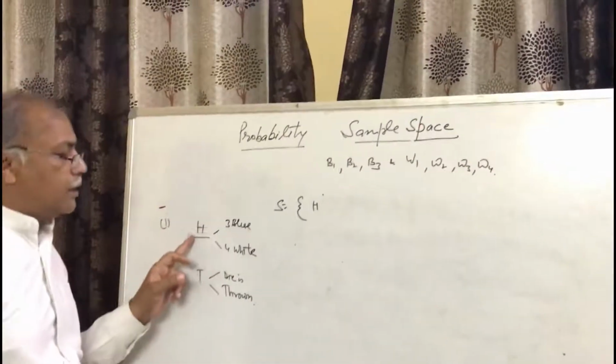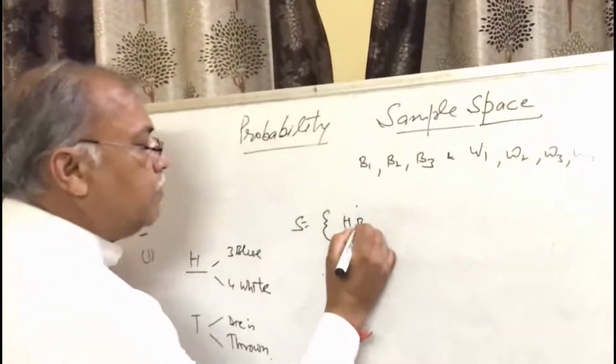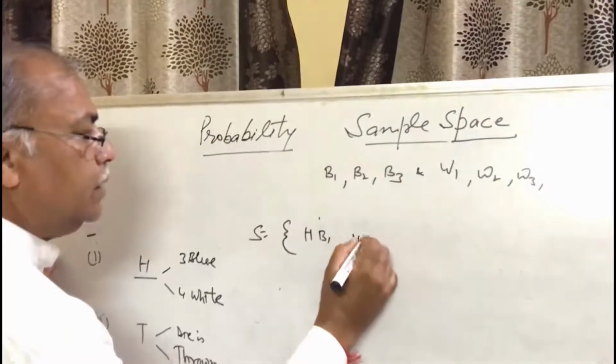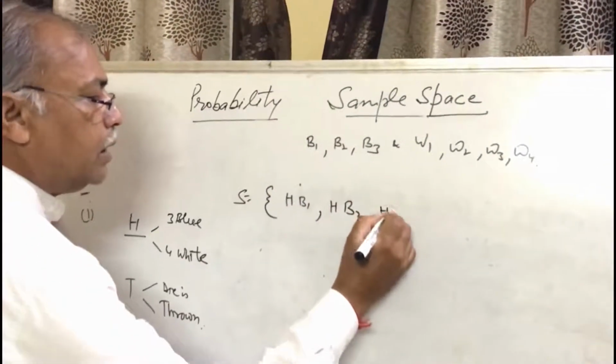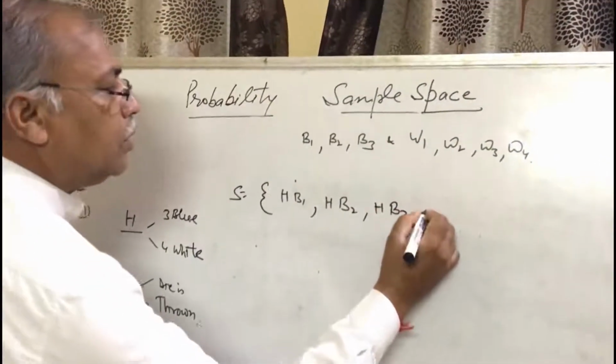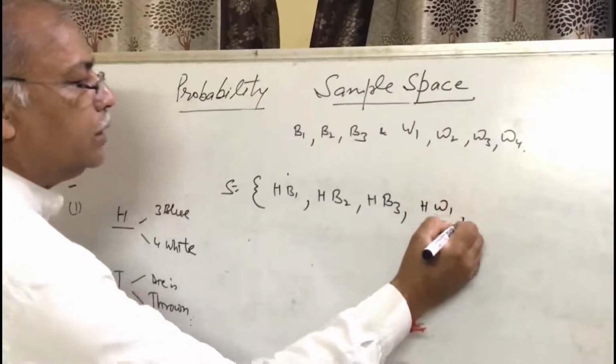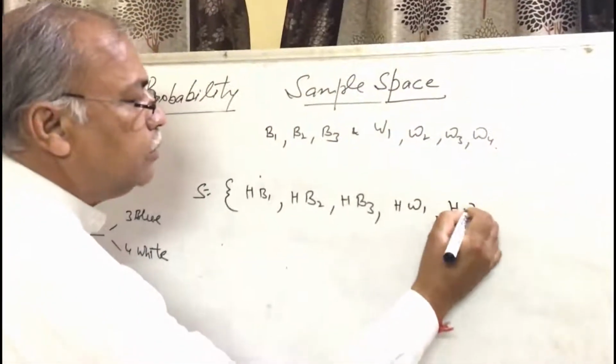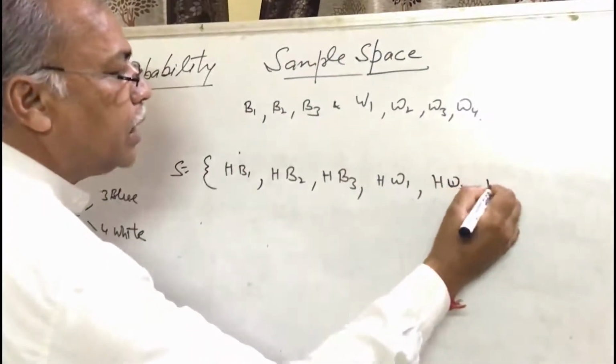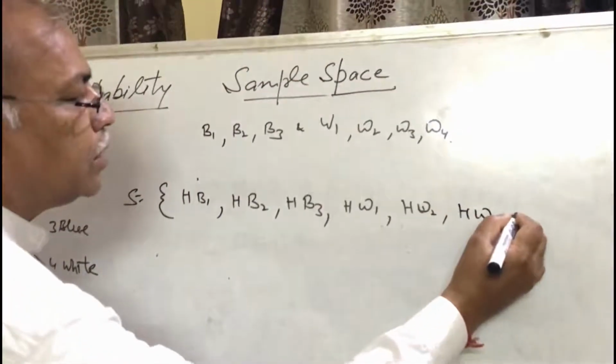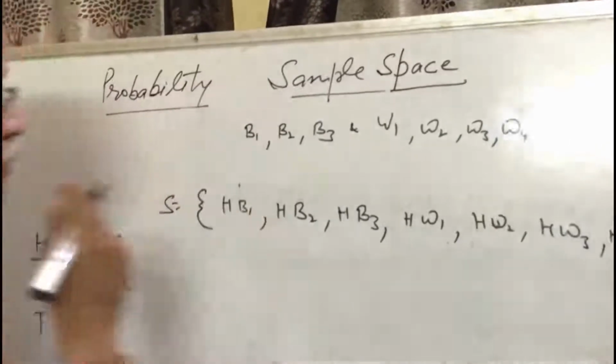Then what happens? Head comes, B1 comes, or head B2, or head B3, or head W1, or head W2, or head W3, or head W4.